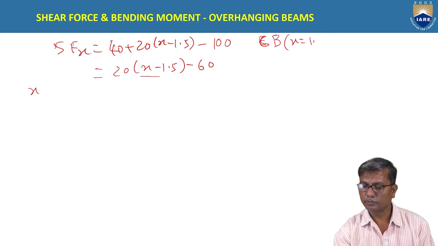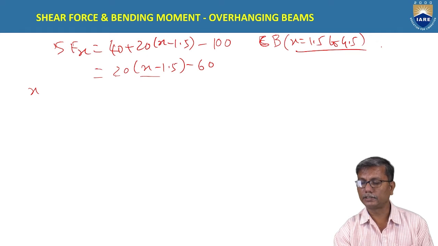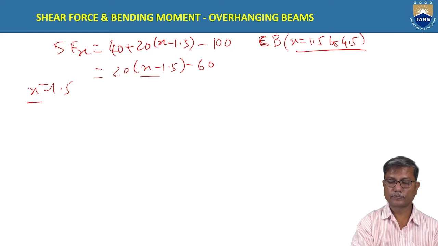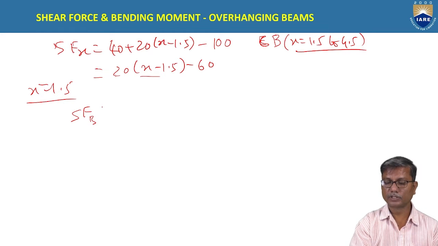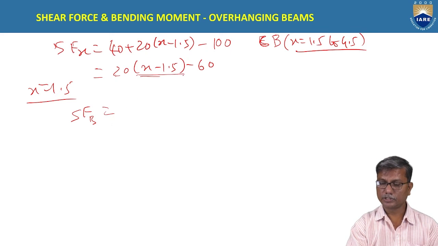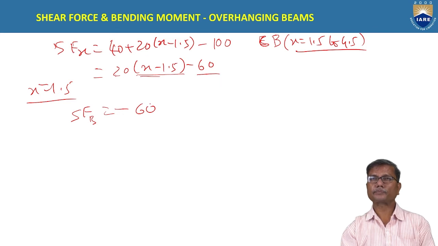X equal to 1.5 to 4.5 meters. Okay. So at X equal to 1.5, section will be at B. So shear force at B is, this term is 0 and it is minus 60.